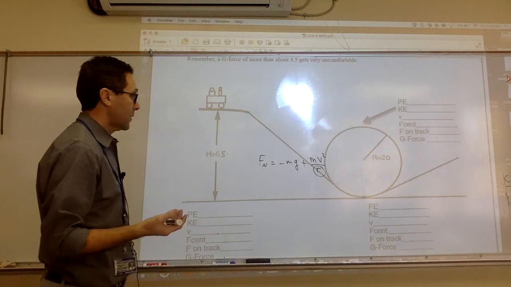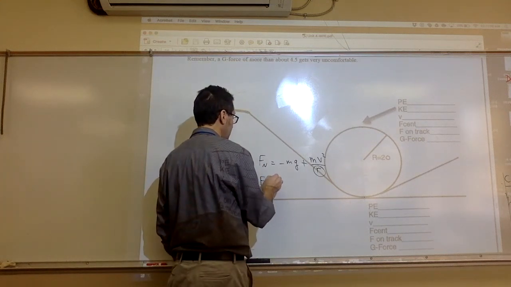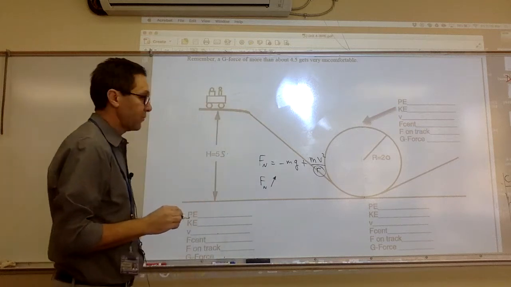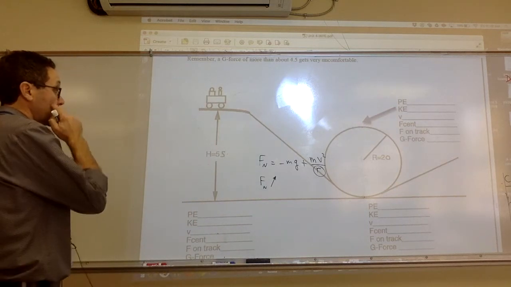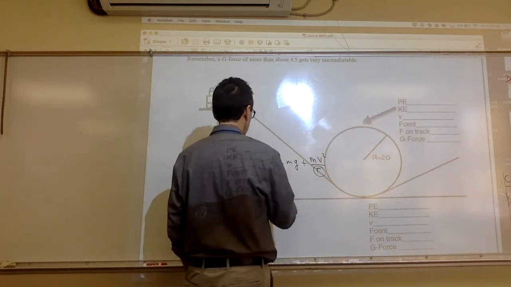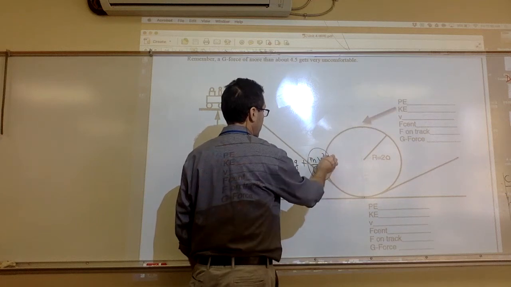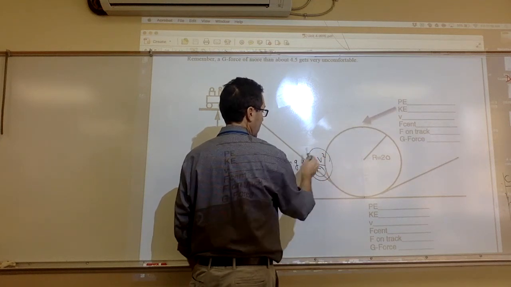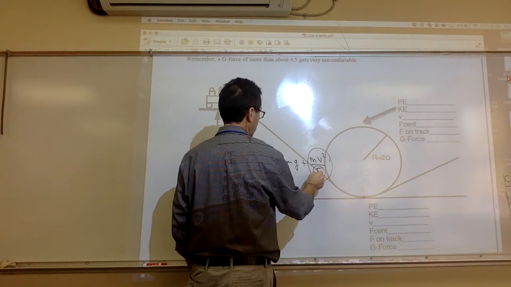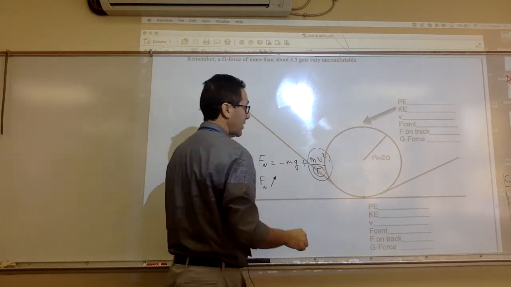At the top, you want to increase the Fn for safety reasons, right? You want to make sure that those people stay on the track, right? So if I want to increase Fn, I have to increase this quantity here, because I have to subtract. In order to increase this expression here, I have to make the radius smaller.